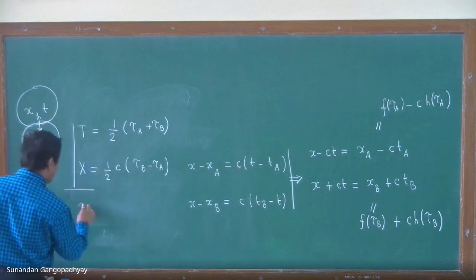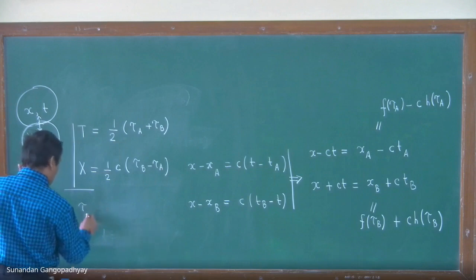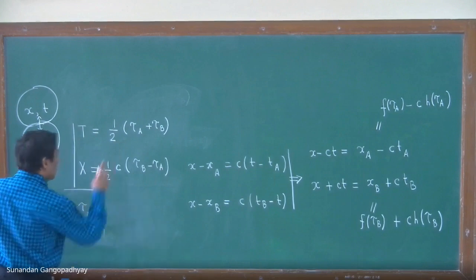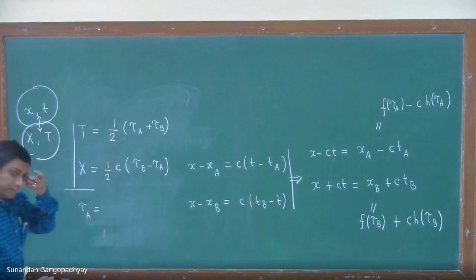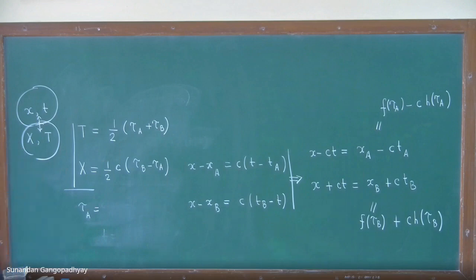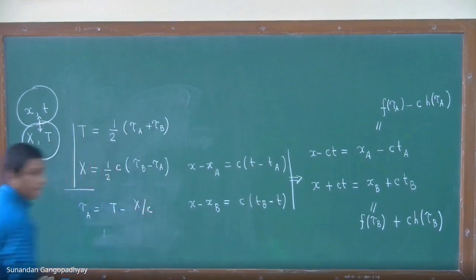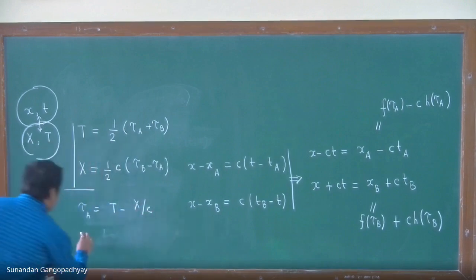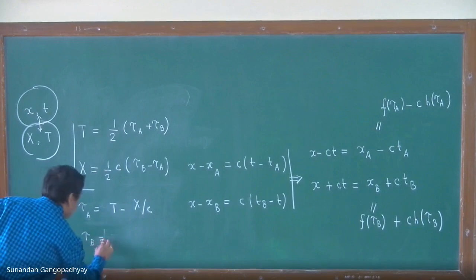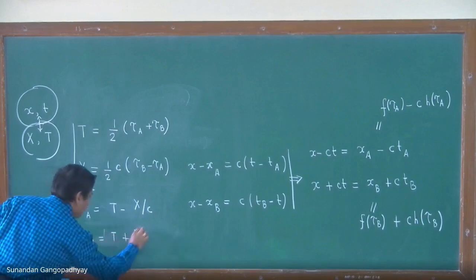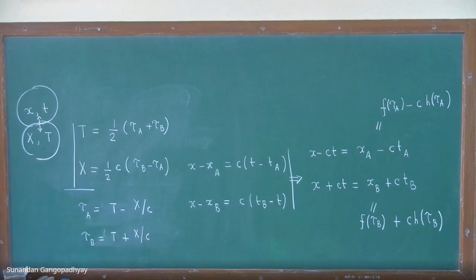And if you solve these equations, I wrote down the solutions in the previous class. Can you just tell me what is tau a? I think tau a is t minus x by c, right? Yes. And tau b is t plus x by c.